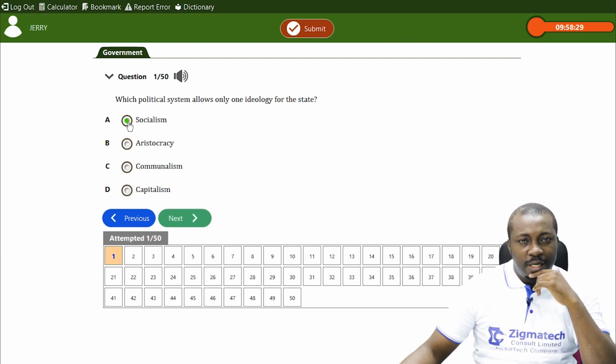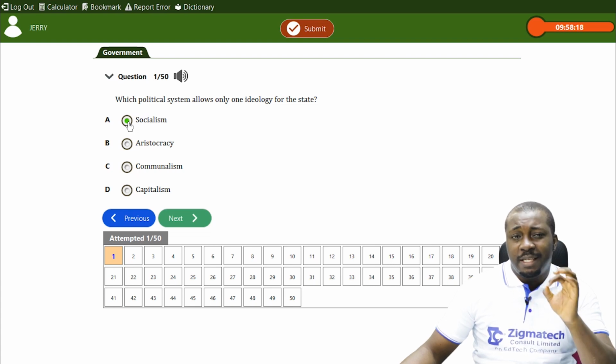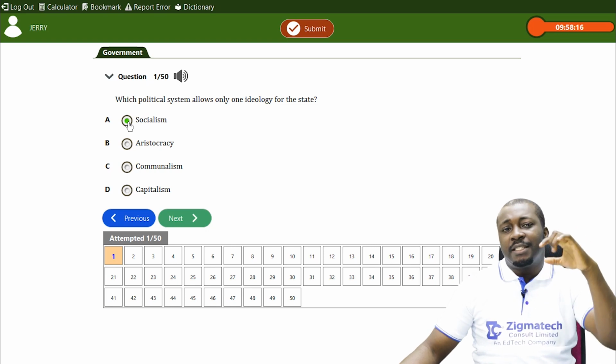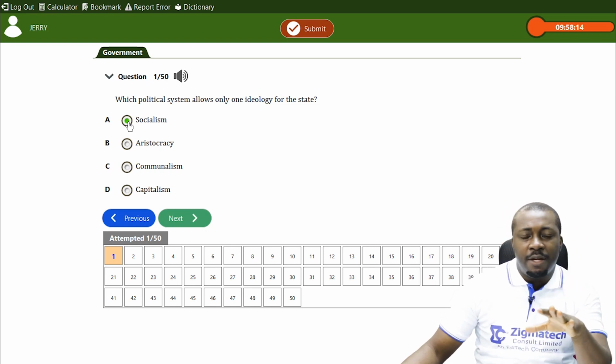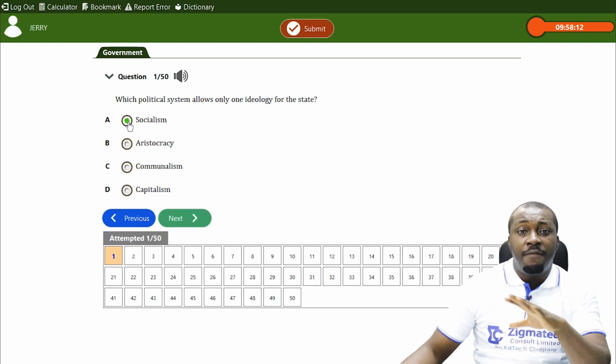Remember, socialism is a political and economic system in which the means of production, distribution, and exchange of goods and services are owned and controlled by the state. So the state establishes a particular ideology that will run the affairs of the state.